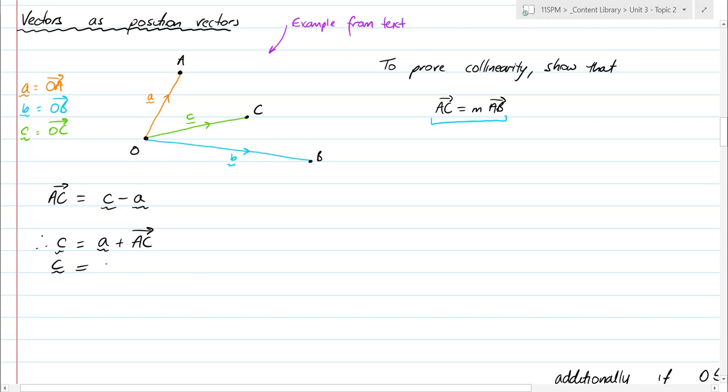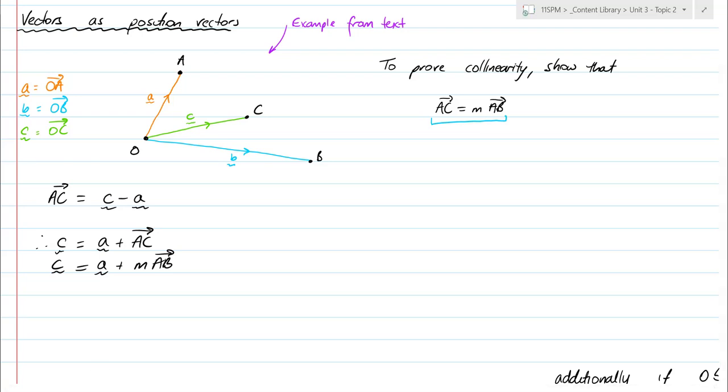C is equal to A plus AC, so it's equal to A plus M AB. That's from our definition above. I've made that change, but we also know something about AB.